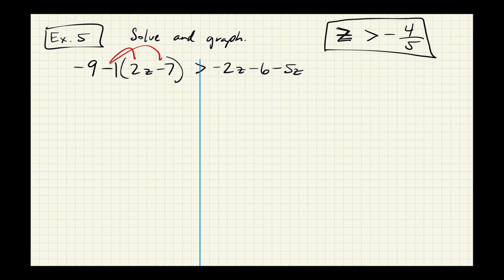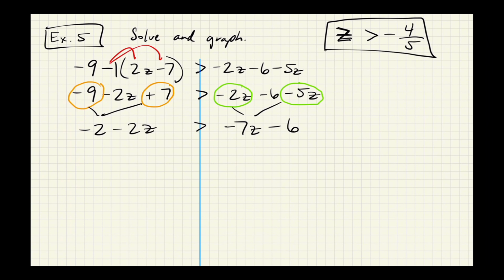If you're stuck, I gave you the first step. If you're still working, keep working, but I just want to kind of get started. So the first thing I did was distribute the negative 1. Combine like terms that are on the same sides of the inequality. Then I stop there. So now I want to get z's on the left side. On the right side, I have a z.